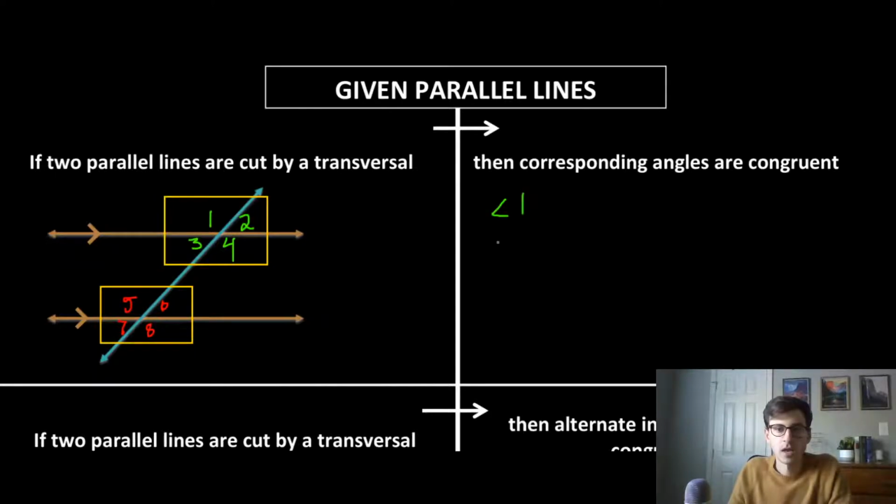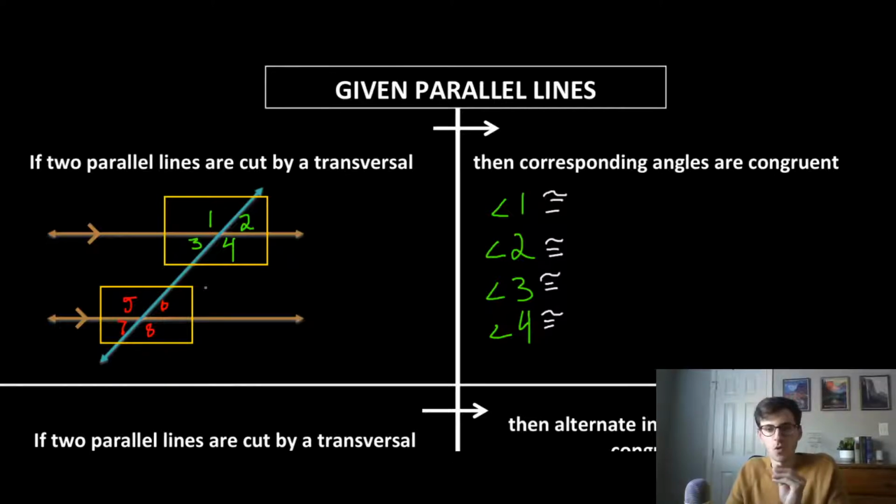So angle 1, and I'm going to write this out for the sake of my colors. Okay, these are all congruent to certain other angles. So if I were to look at this top box and this bottom box, what would be the angle that's the same?